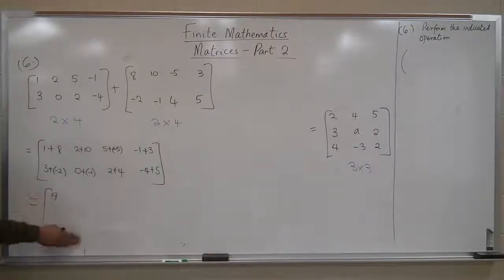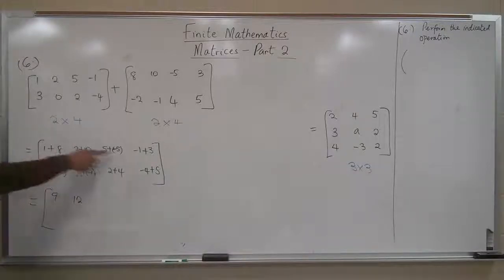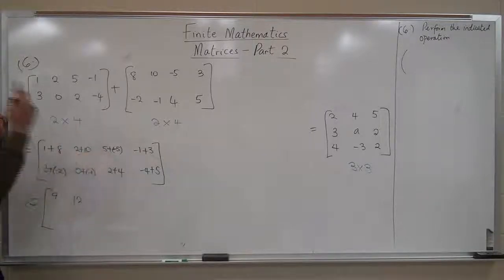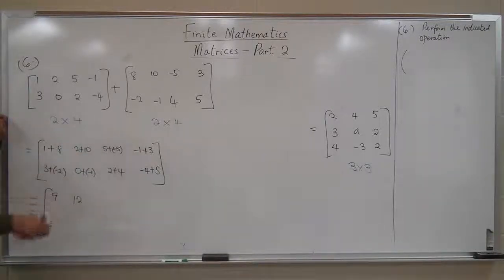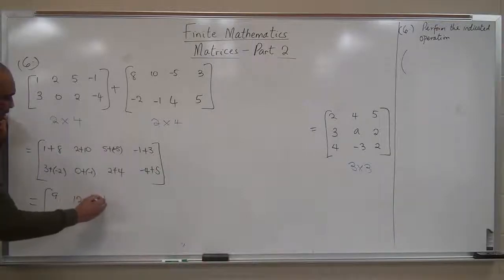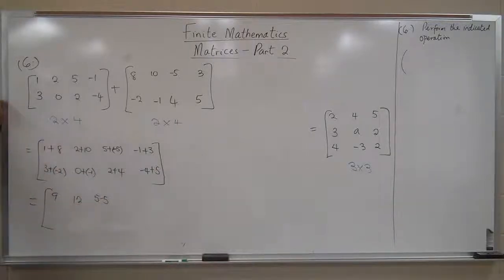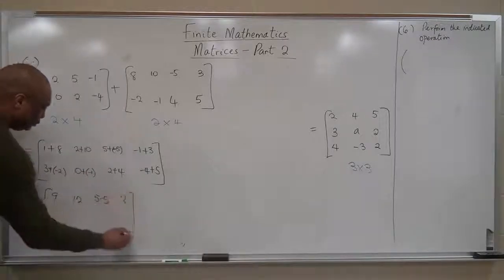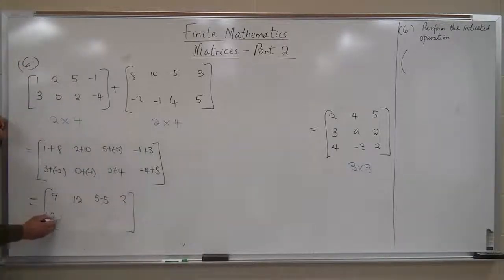Alright, so 1 plus 8 is 9. 2 plus 10 is 12. What did I teach you? When you see two signs together, make it one sign first. So this will be 5 minus 5. I am doing it step by step so that I do not make a mistake. Negative 1 plus 3, 2. Then 3 minus 2, this is 0 minus 1.